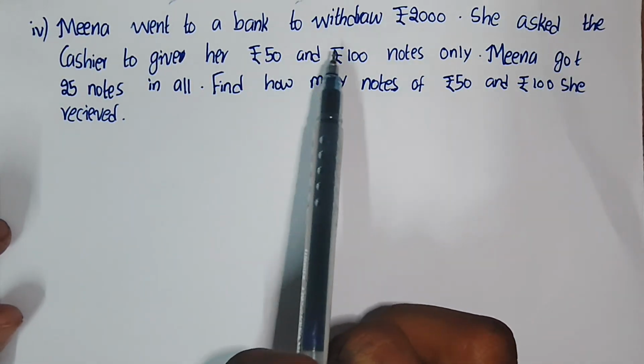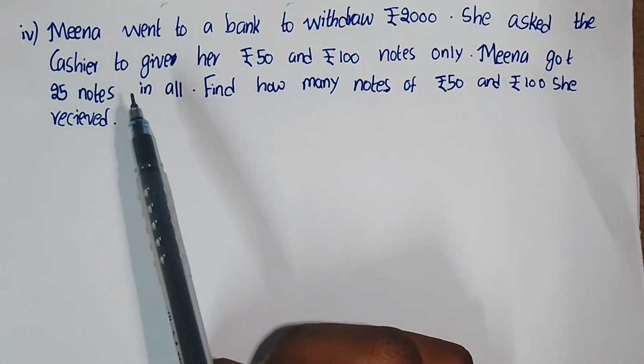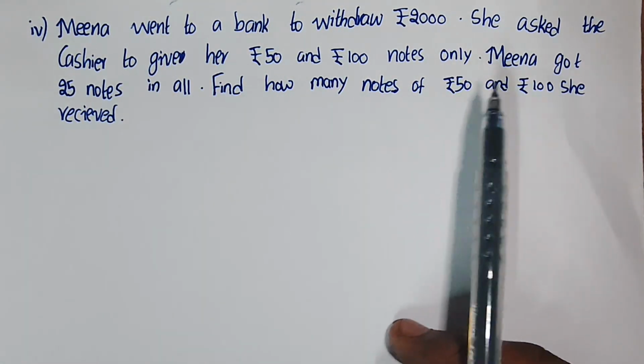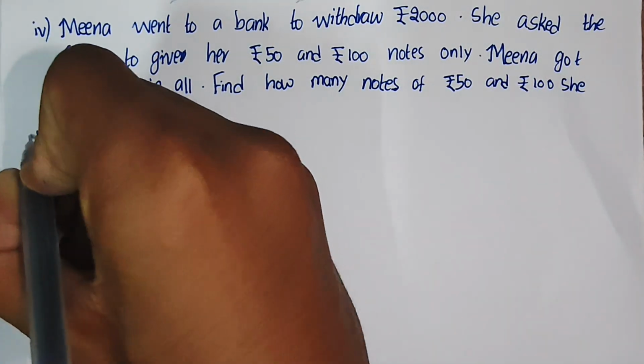By the cashier giving 50 rupee notes and 100 rupee notes, Meena got 25 notes in all. Find how many notes of 50 rupees and 100 rupees she received. So, let us solve it.